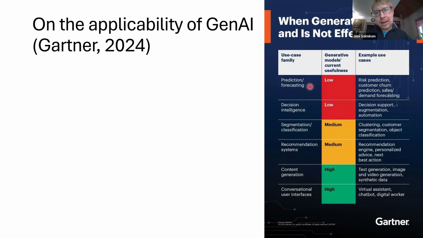So in that sense, it can handle this kind of prediction problem, but the language model itself doesn't do it without classical AI. Segmentation and classification are kind of similar. I think segmentation using an LLM without using traditional AI is a little bit weak.